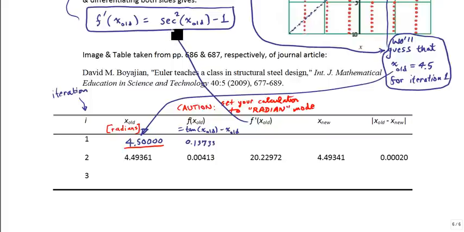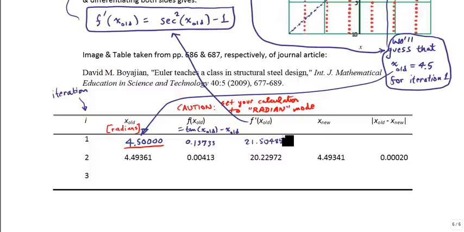So if you were to do the tangent of 4.5, again being in radians, then take the inverse of that and then square that result, you're going to get secant squared of x old, and then subtract 1 from that, and if you do that, you should find that the value is 21.50485 out to 5 decimal places.